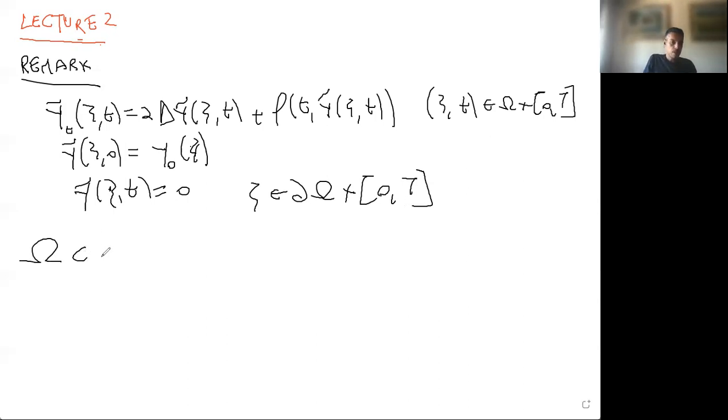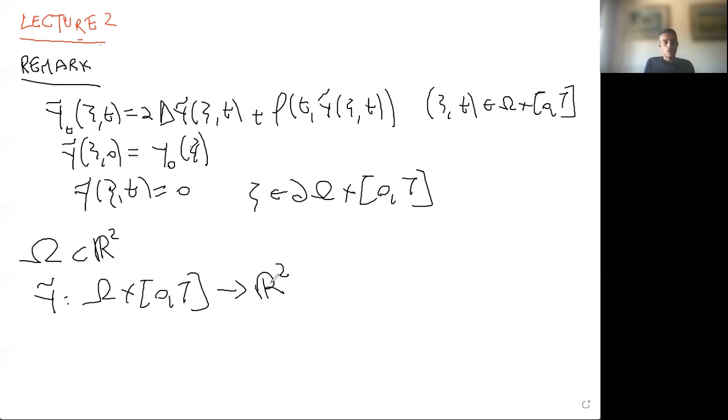Omega in this case is a subset of R2, and y tilde is a function from Omega times (0,T) to R. So now we have a two-dimensional PDE.